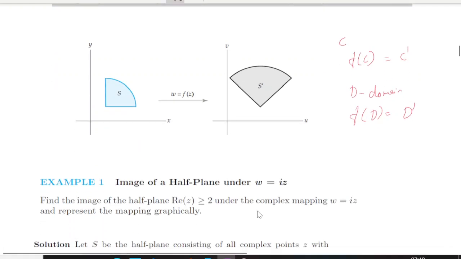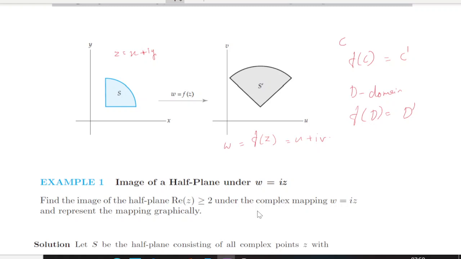S is in the z plane, you find f of z, and you get another set. Here we have represented the axes as x and y, because z equals x plus iy. Then here we have u and v, where f of z, that is w, is of the form u plus iv.